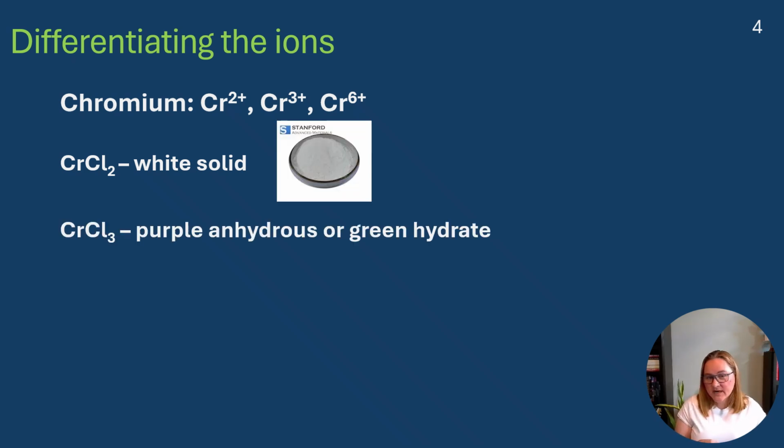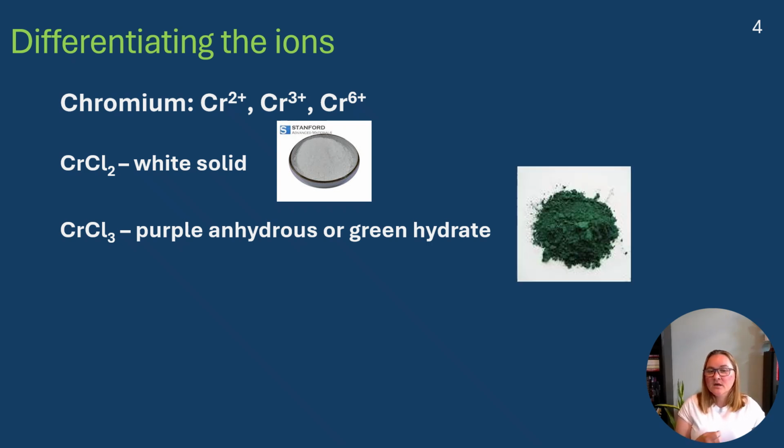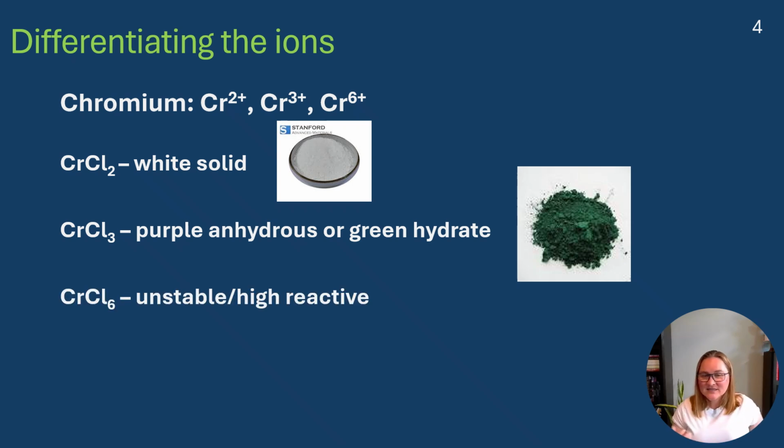Chromium(III) chloride actually has a couple of forms. If no waters are present in the compound, it is a purple crystalline solid, or if waters are present, it is a dark green powdery compound. More commonly, the latter. Chromium(VI) chloride is unstable and highly reactive. It's hard to isolate, so it's hard to describe its appearance.